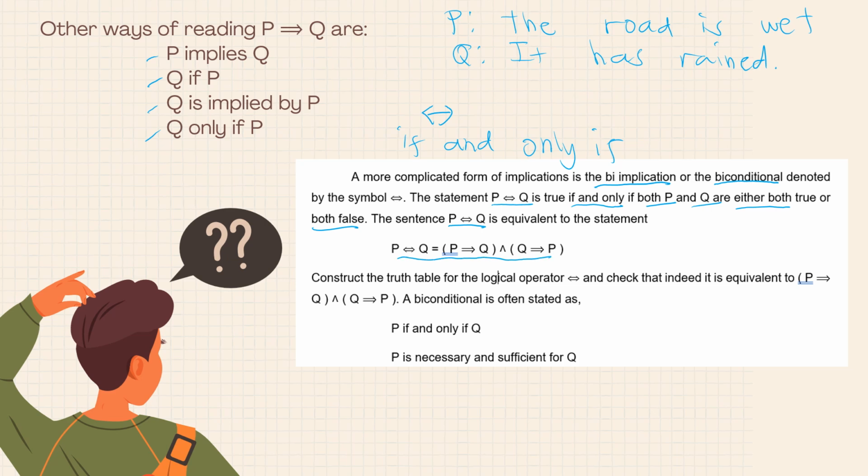So for example, we have if P then Q: if the road is wet, then it has rained.